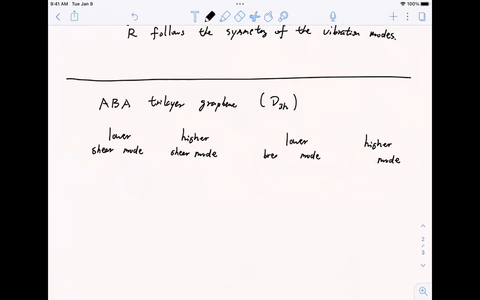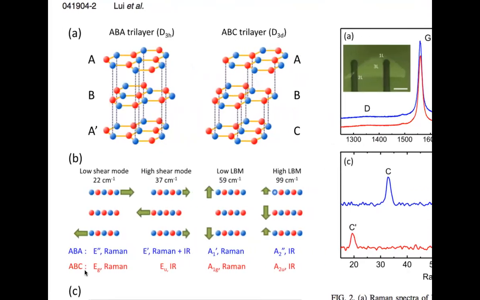The lower shear mode is E double prime, and the higher shear mode is E prime. The lower breathing mode is A1 prime, and the higher breathing mode is A2 prime. So we write it down.